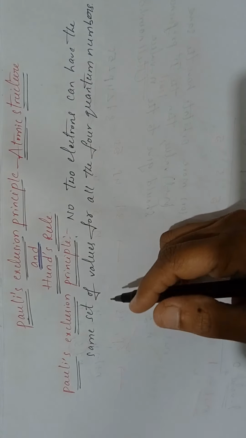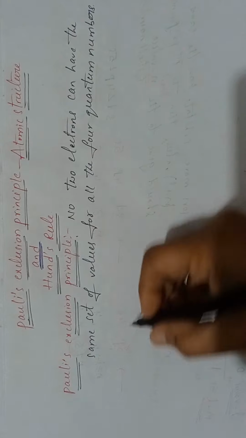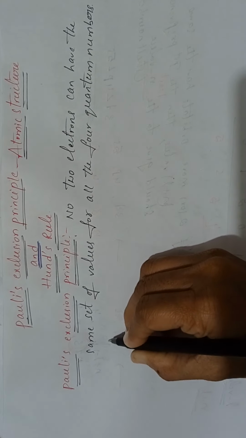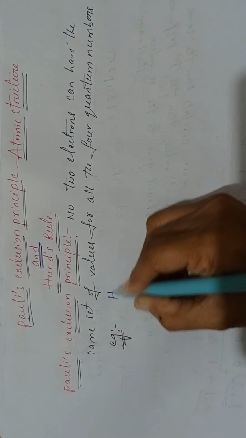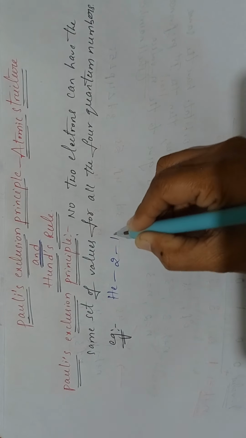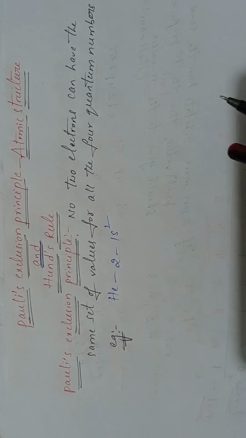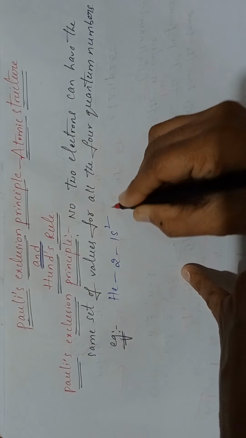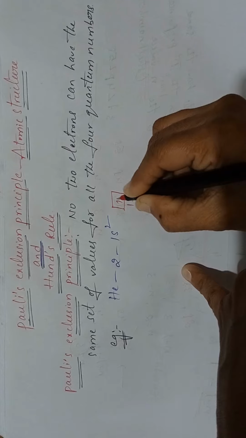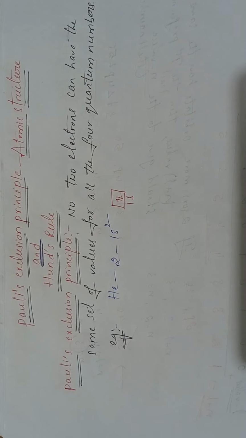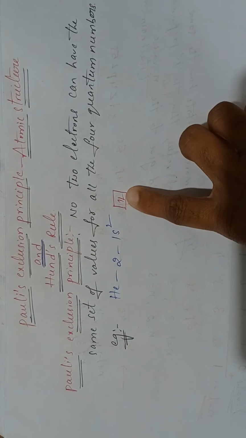Helium has atomic number 2, electronic configuration 1s2. That means in the 1s orbital, 2 electrons are there.